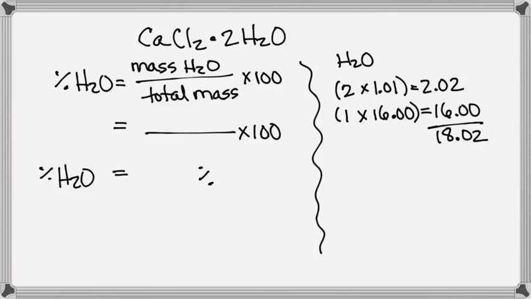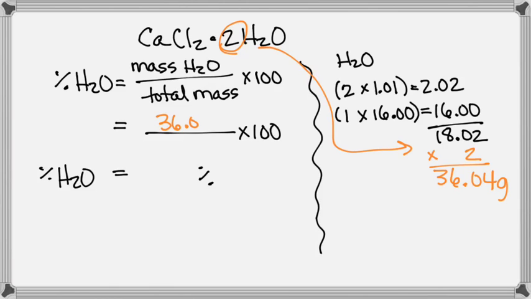But in this case, we do have 2 of those molecules, so we're going to multiply that times 2 to get 36.04 grams. I'm going to plug that in as my mass for water. Please make sure any work we do in class or you're doing on your own, you're showing all this math work along with it. So there's the mass of water, but for the total mass of the compound, we also need to find the mass of the calcium chloride.